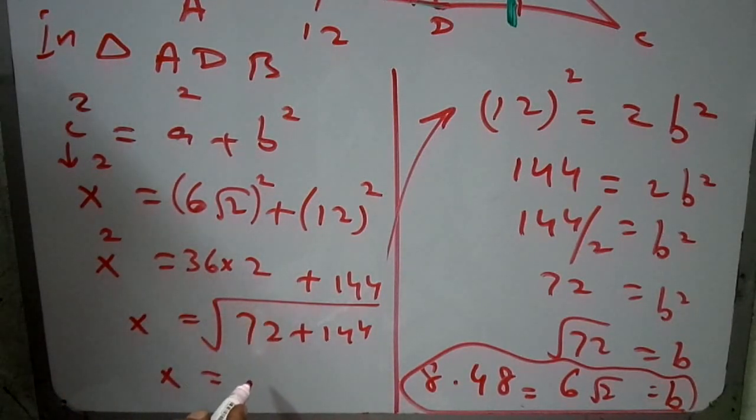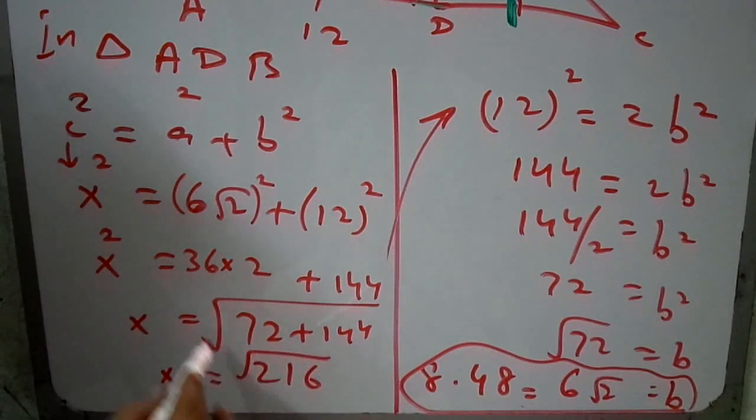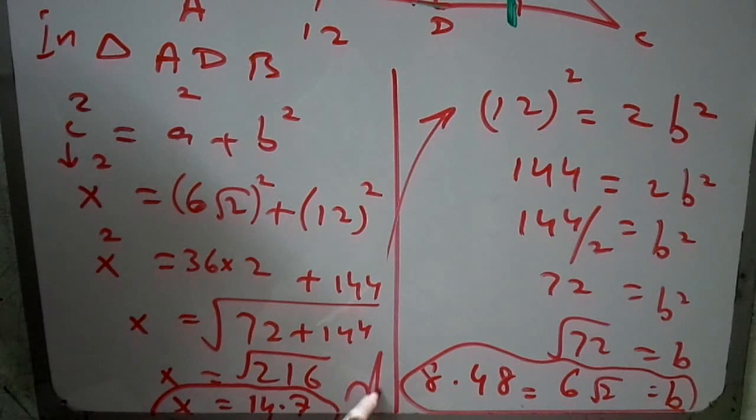After adding and simplification, you will get the result, approximately 216, and it will give you the value of x, that is 14.7. So that is your result, that is your answer.